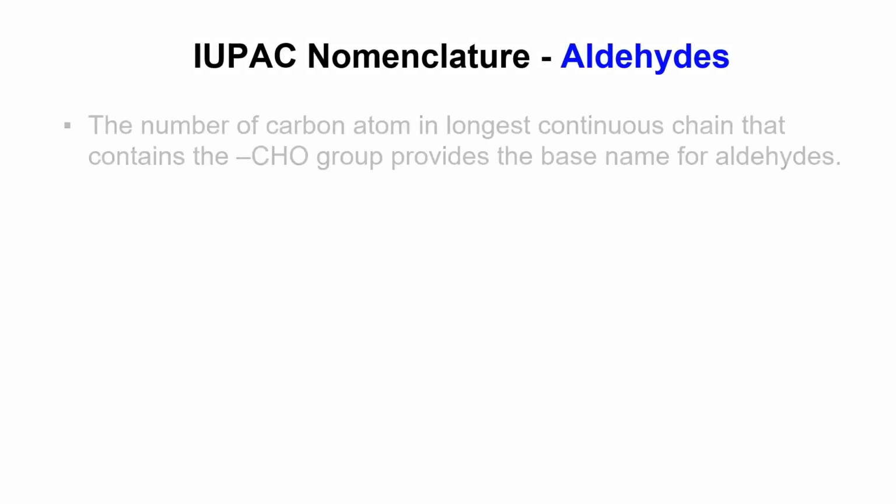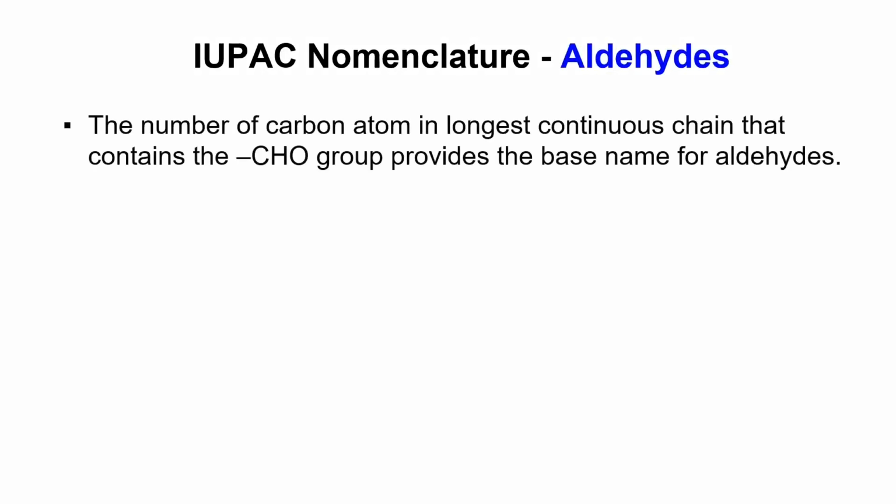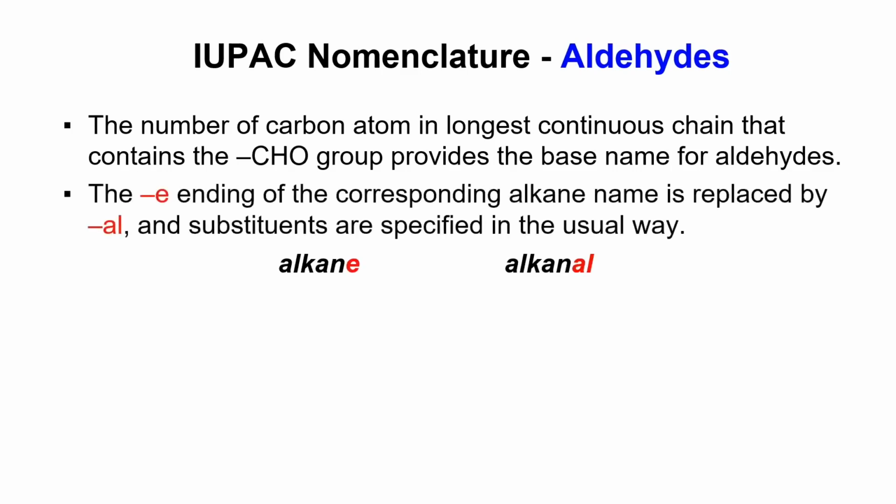IUPAC nomenclature for aldehydes. The number of carbon atoms in the longest continuous chain that contains the CHO group provides the base name for aldehydes. The E ending of the corresponding alkane name is replaced by AL, and substituents are specified in the usual way.